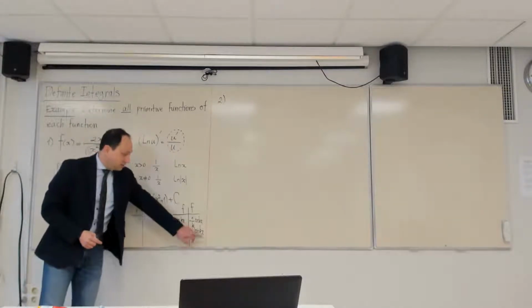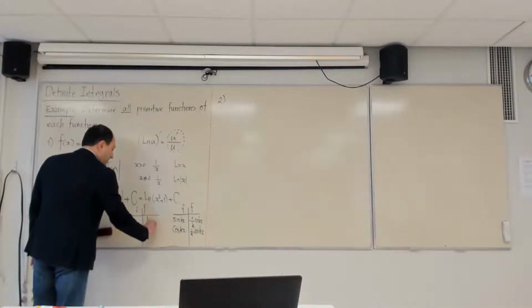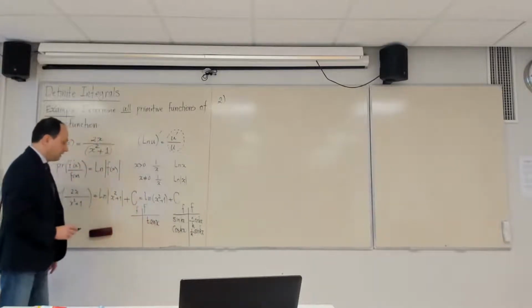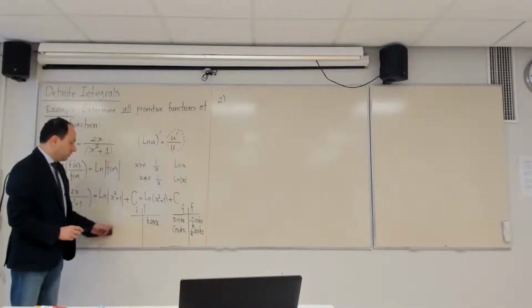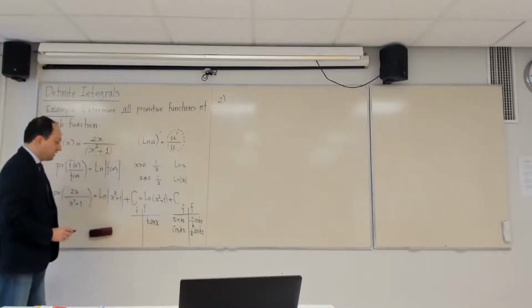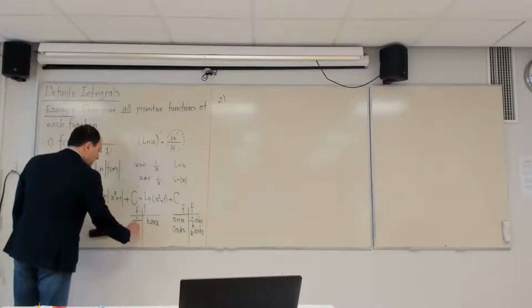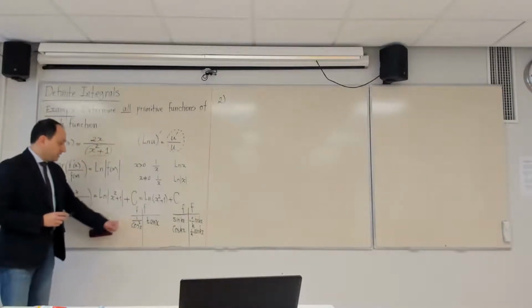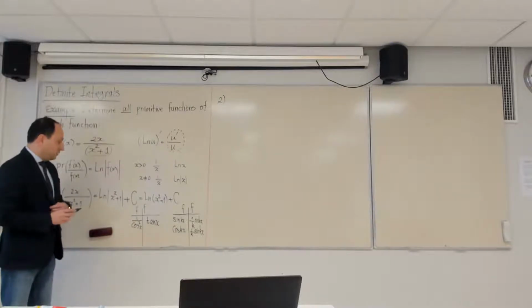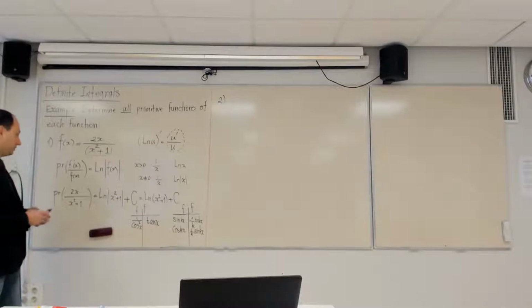I wrote tangent of x over there, because if I ask you, tell me a function whose derivative is, so then I wrote 1 over cosine squared x here. Yes, do you remember?